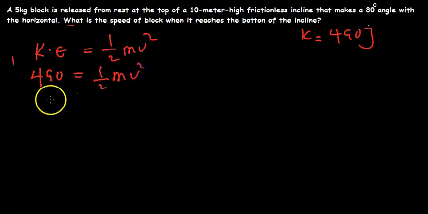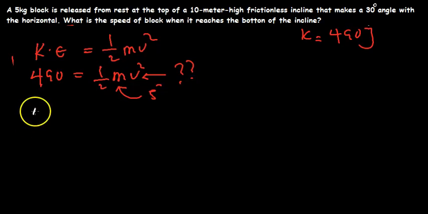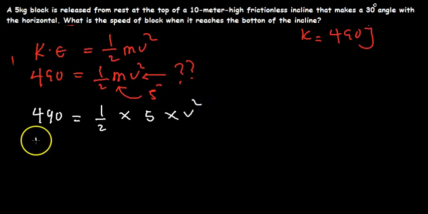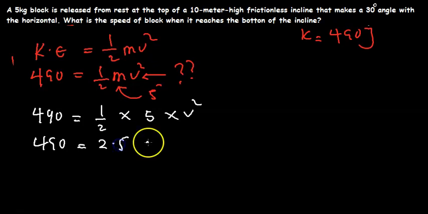We said our mass is 5, but we don't know the speed. This is what we're going to be focusing on. So 490 equals a half multiplied by 5 multiplied by v squared. A half multiplied by 5 is simply going to be 2.5 multiplied by v squared.